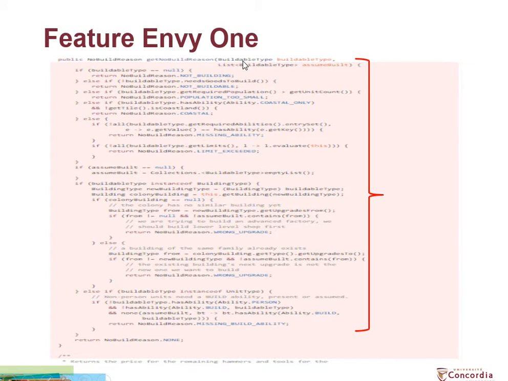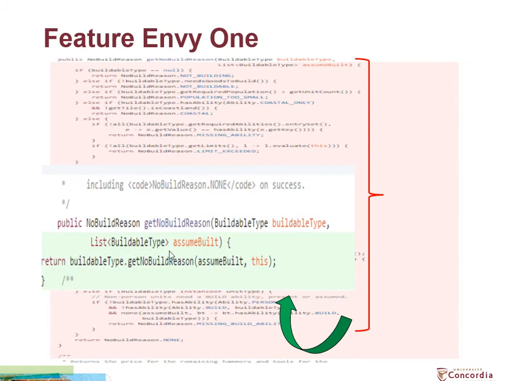So actually we have a method whose implementation is more interested in the methods defined in other classes. So it's an example of a feature envy conditional. So we can extract all this implementation to the buildable type class and just put a reference here to the function in buildable type class.